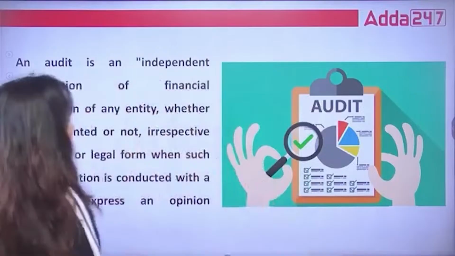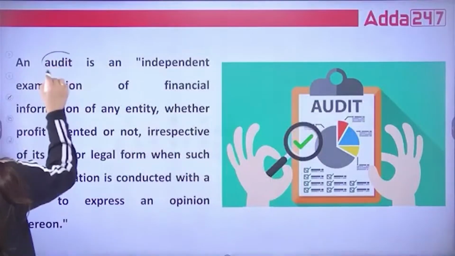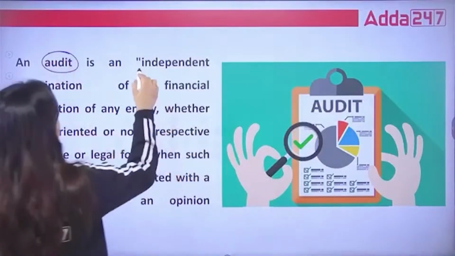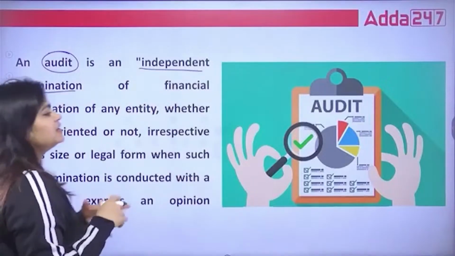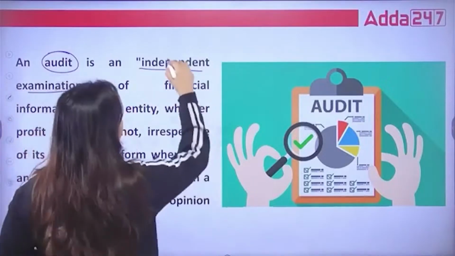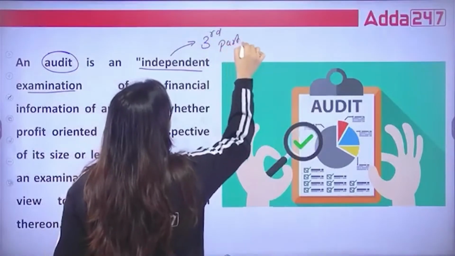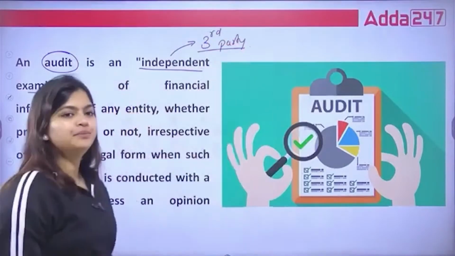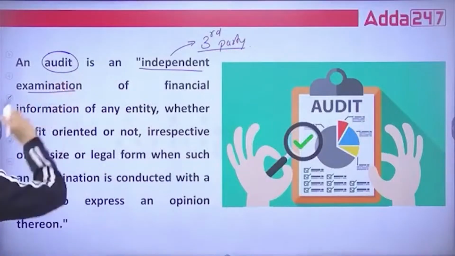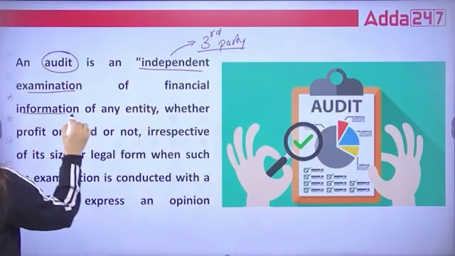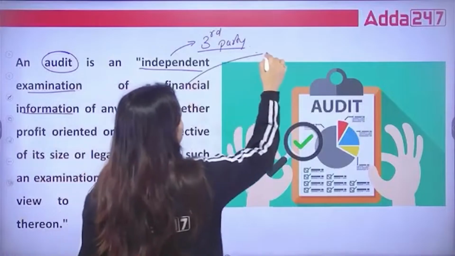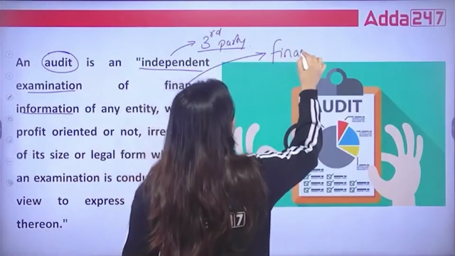Now, let's read what is given. So, an audit is what? It is an independent examination. Why is it independent? Because most of the time you are going to see a third party who is going to cross-check your books. Yes, they are doing the examination of financial information. Financial information means what? Your financial statements.